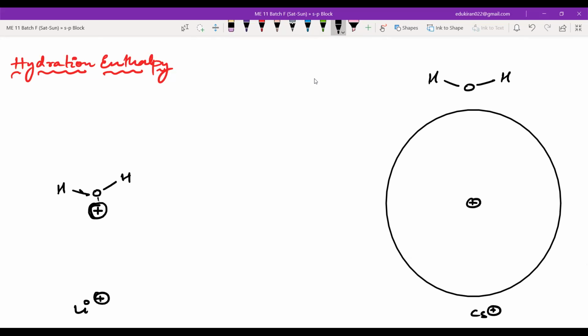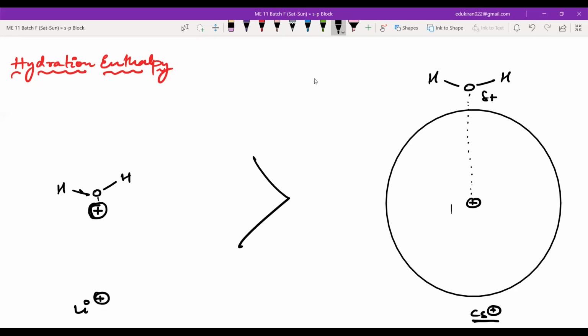It cannot go inside the atom to interact with that positive charge. Hence the distance between the oxygen, that is delta negative, and the positive inside the proton of cesium is very large, and hence the interaction of lithium is going to be very strong if I compare that with the cesium atom. Correct?